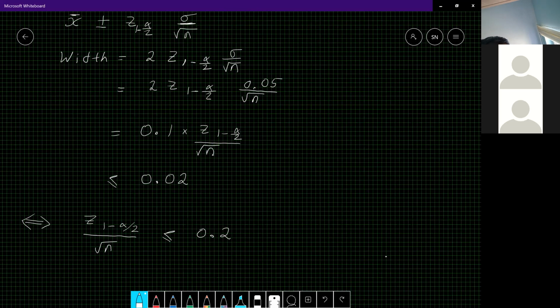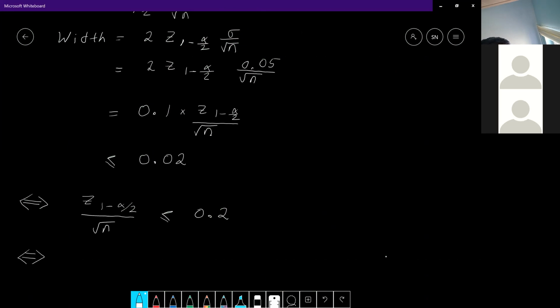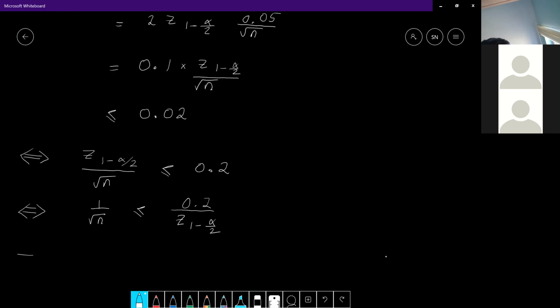And this is the same as saying that 1 over root of n must be less than or equal to 0.2 divided by this. And this is the same as saying that n must be greater than or equal to the square of this. All right, guys, so that's the value for n.